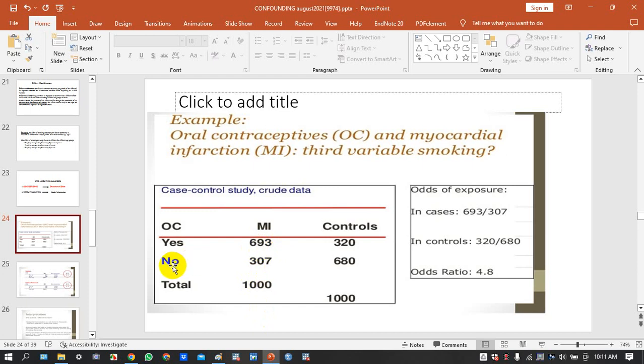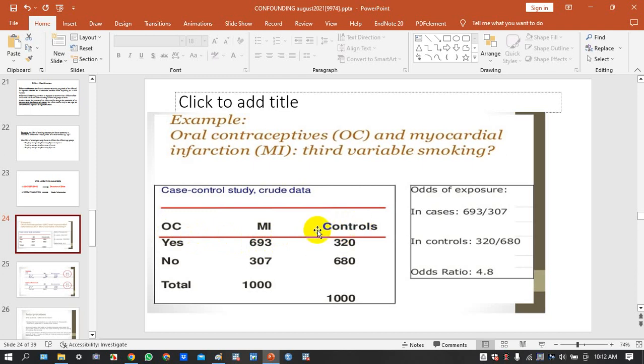Then those women who did not take oral contraceptives, out of 1,000, only 307 of them had myocardial infarction, meaning that these women did not take oral contraceptives, but maybe they were living a sedentary life, taking a lot of egg, a lot of fat, and they had myocardial infarction. But of those who took the contraceptives, 693 had myocardial infarction. Meaning that contraceptives is a very, very, family planning. We should stop family planning? No, we have to investigate it more.